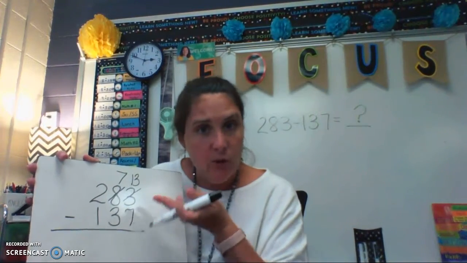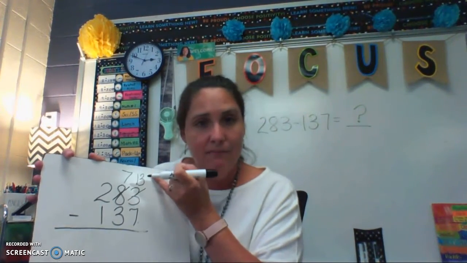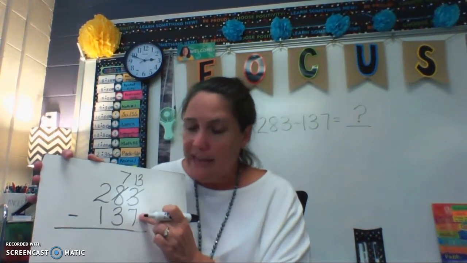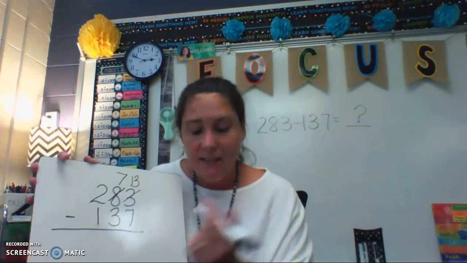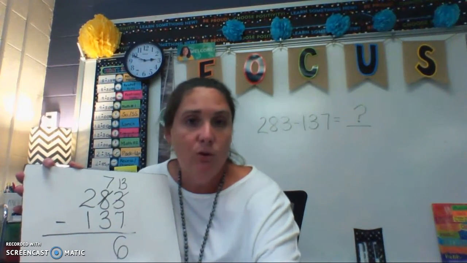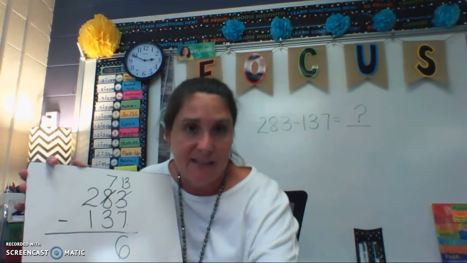Now, is the bigger number on the bottom or on the top? It's on the top, so we can subtract. 13 minus 7 equals 6. And that's exactly what we got a while ago when we took away our little units. We got 6 of those.